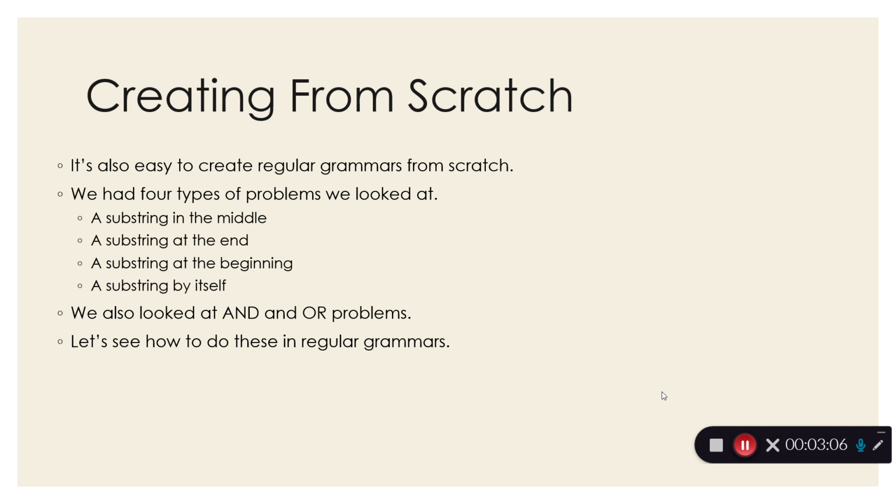And there are ways to combine these problems into more complex specifications, but as long as you know how to do each one, then you're covered here. And we also looked at and or problems and how to solve those. And let's now go through and show how this works when you're doing regular grammars.